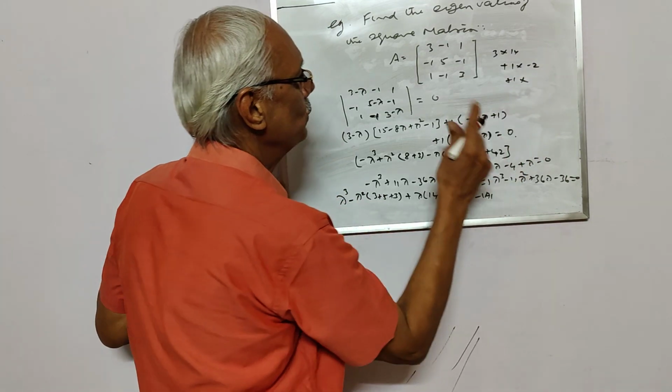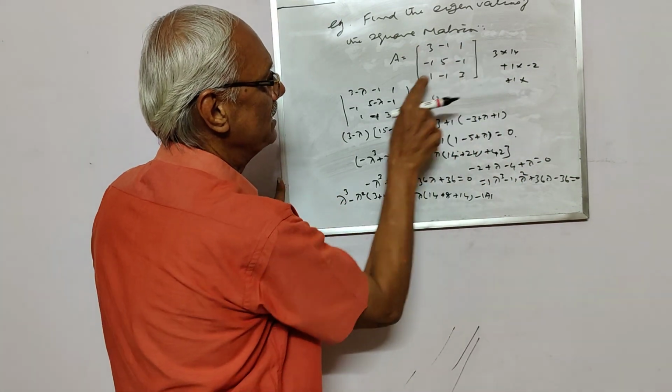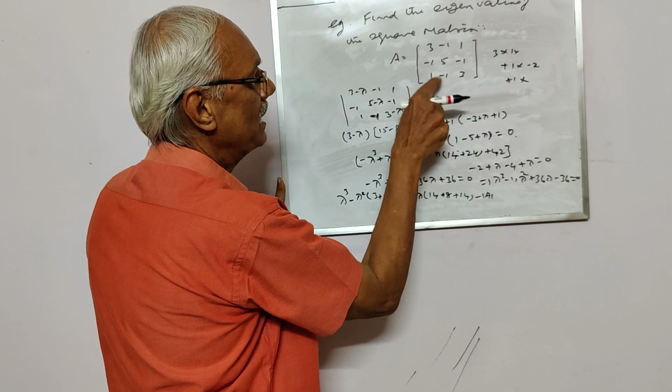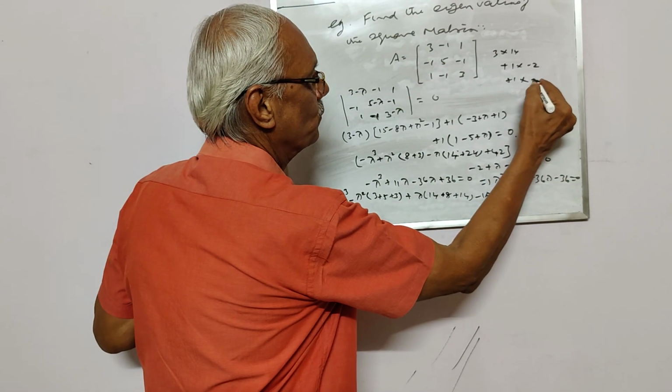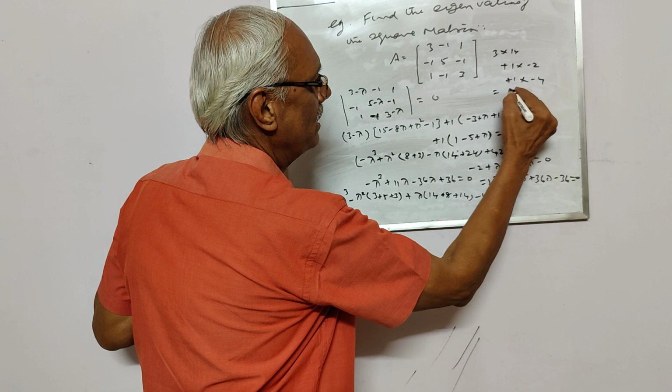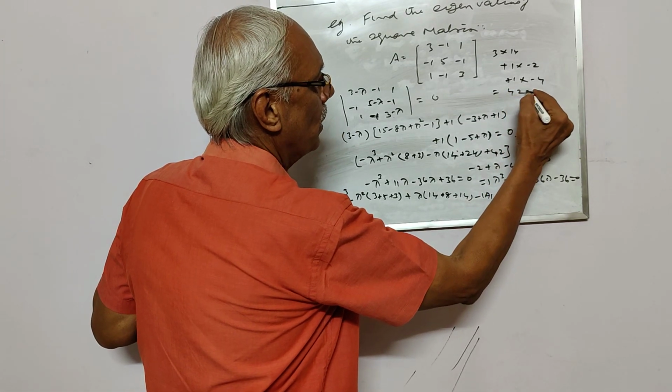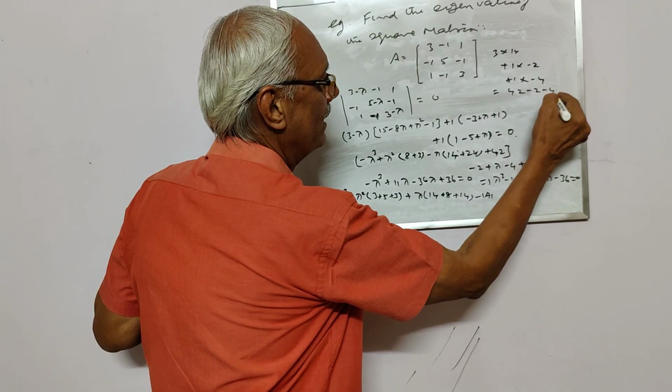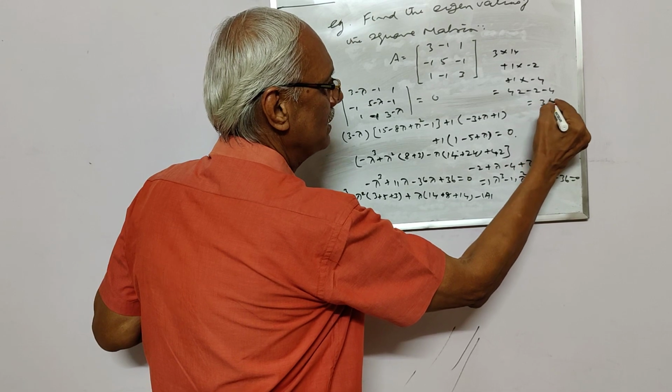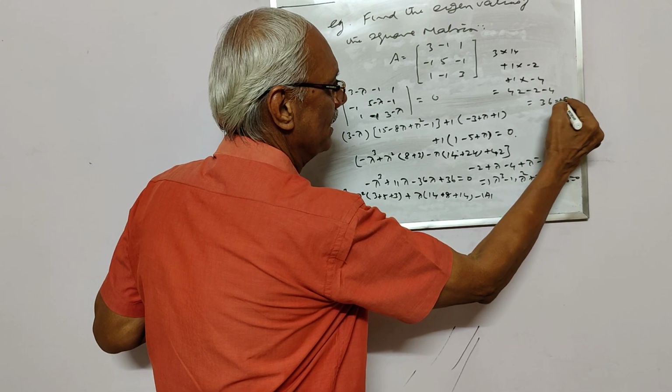Then plus 1 into, suppress this column, suppress this row, minus into minus is plus, this minus, it is minus 4. So what do you get? 42 minus 2 minus 4, that is equal to 36. That is your determinant value.